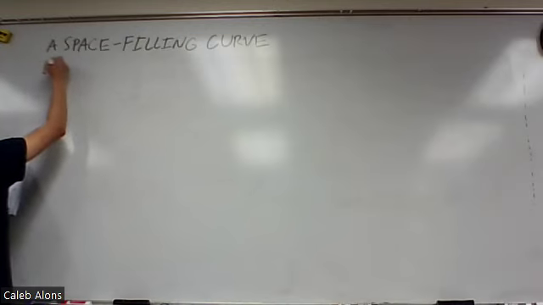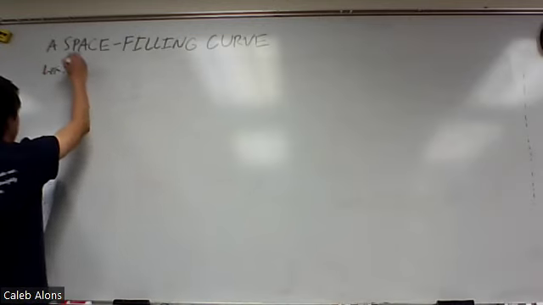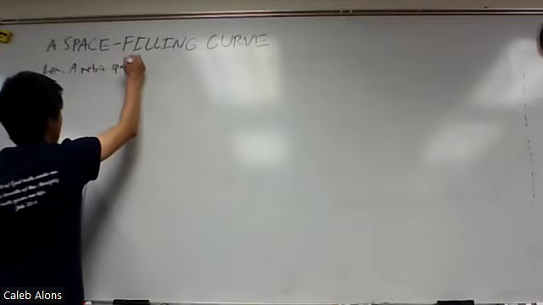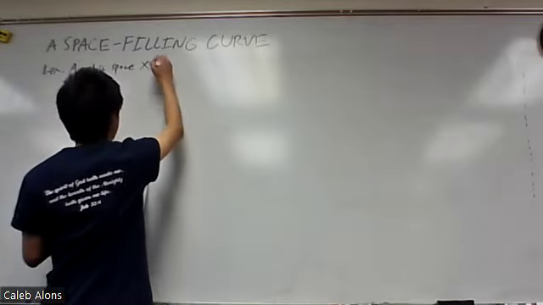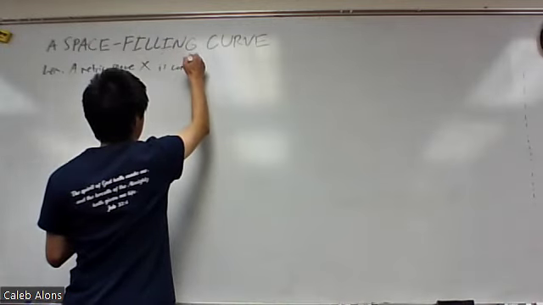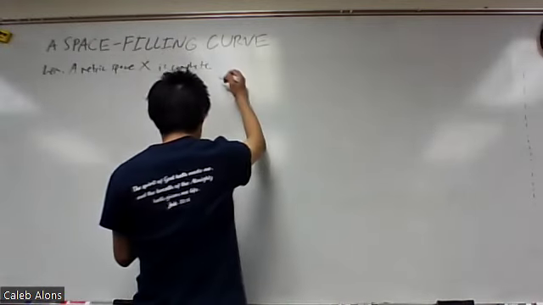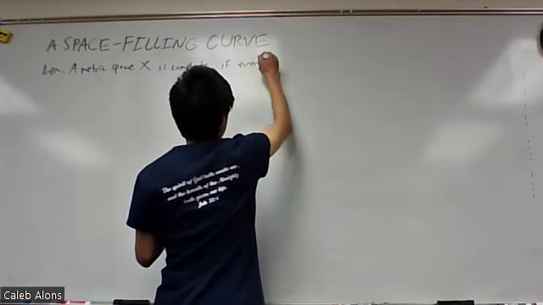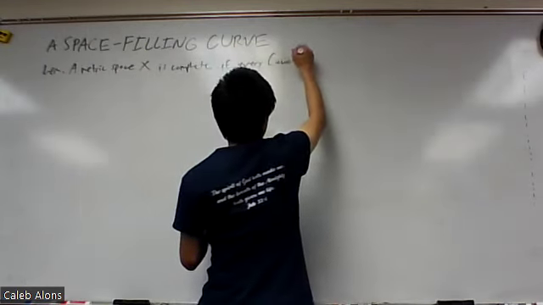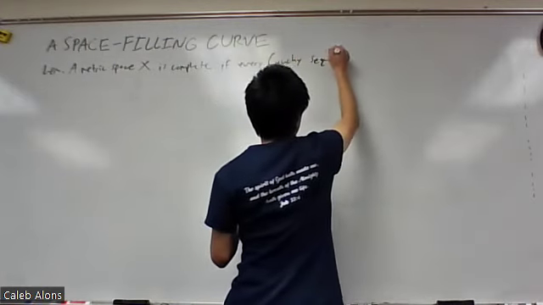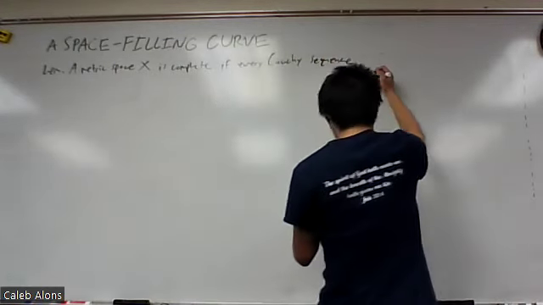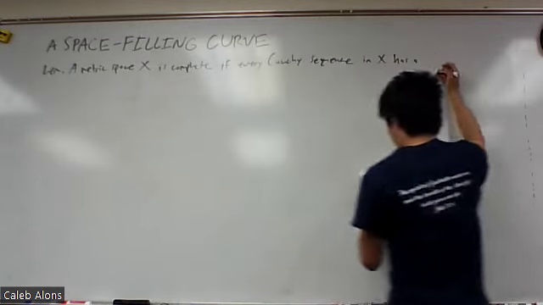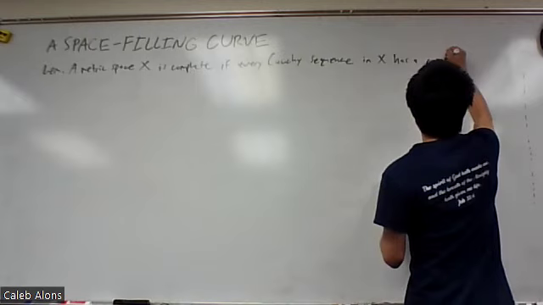Here's the lemma: a metric space is complete if every Cauchy sequence in X has a convergent subsequence.